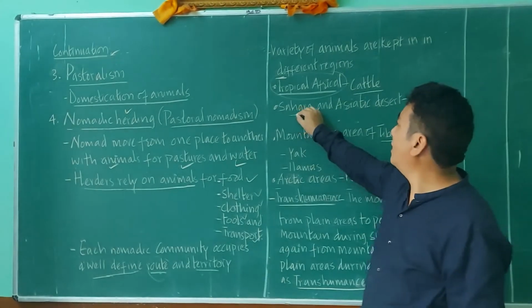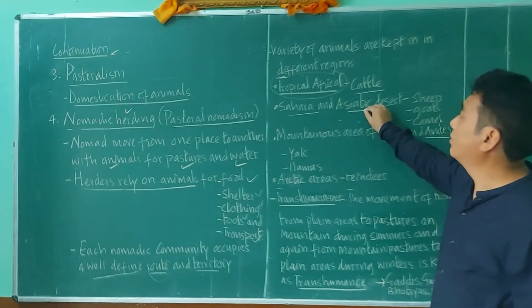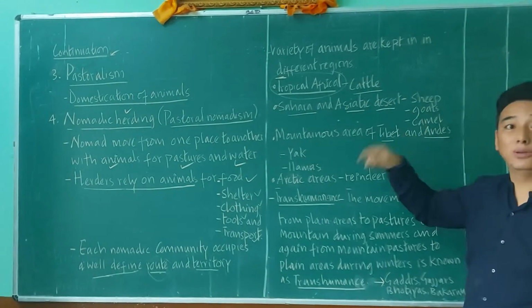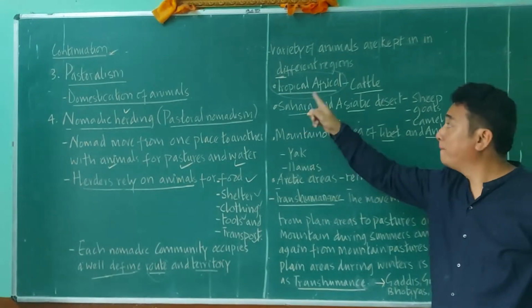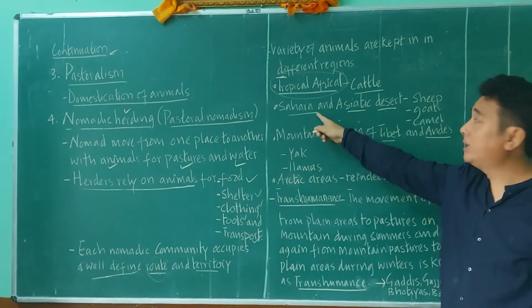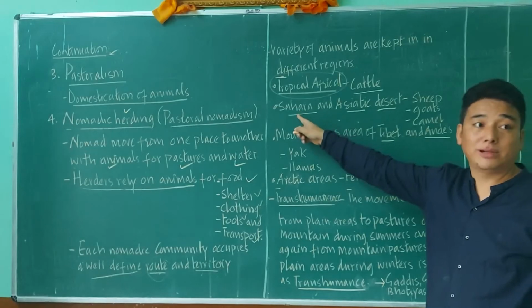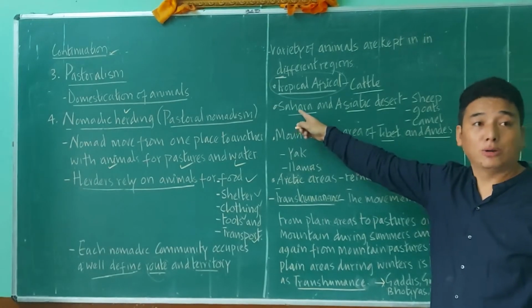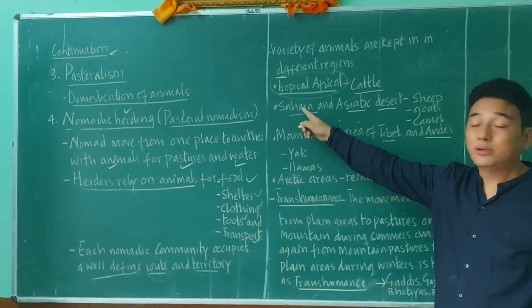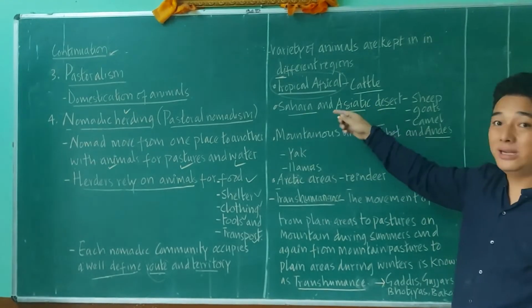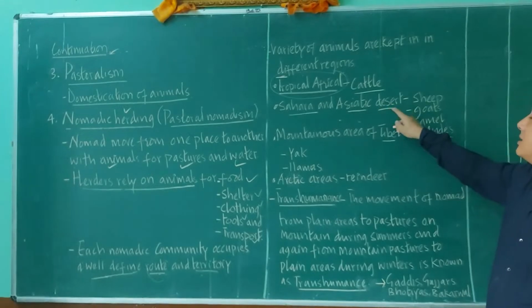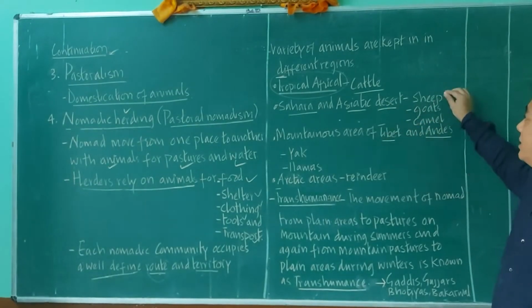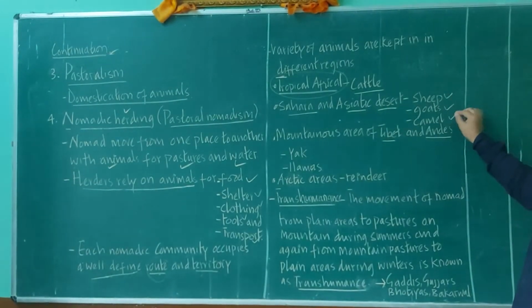In the Sahara and Asiatic deserts, the nomadic people in the Sahara are known as Bushmen, and in Asia they are Kyrgyz. In these deserts, people keep sheep, goat, and camel.